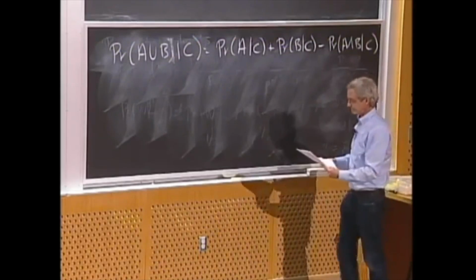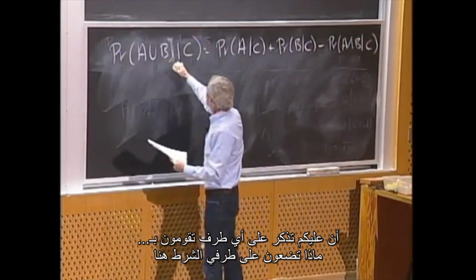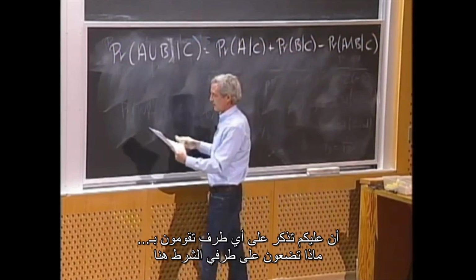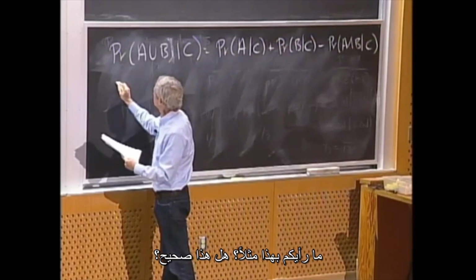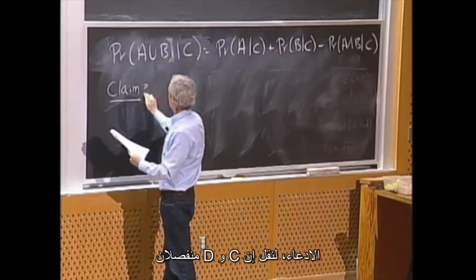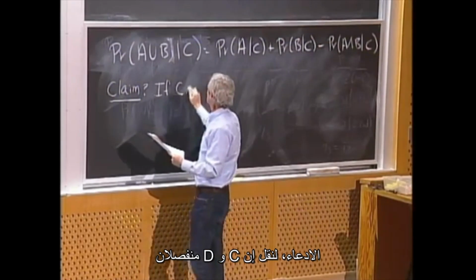All right. You have to be a little careful, though, because you have to remember which side of the bar you're putting things on. For example, what about this one? Is this true? Claim: let's say C and D are disjoint.